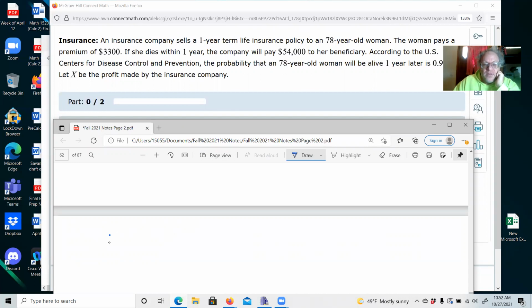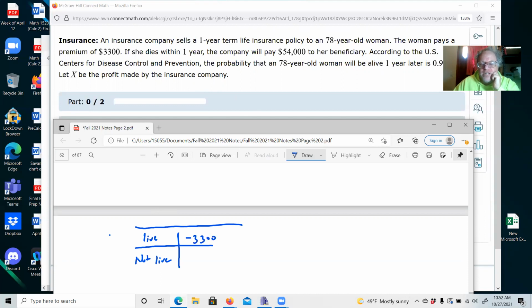Okay, so let's see here. Let's see if she gets to celebrate her 79th birthday. So the value of the event: if she lives, she's out $3,300.